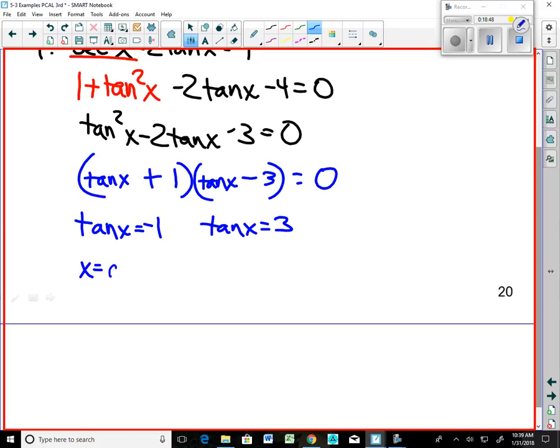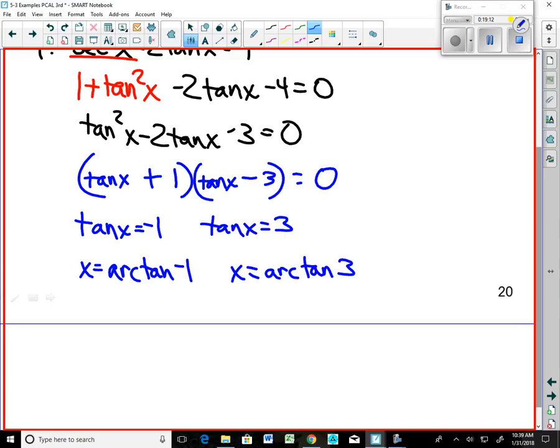So x equals the arctangent of -1. Now that I wrote the words arctangent -1, I'm going to be using from negative pi over 2 to pi over 2 for my little table of values. And then x equals the arctangent of 3.